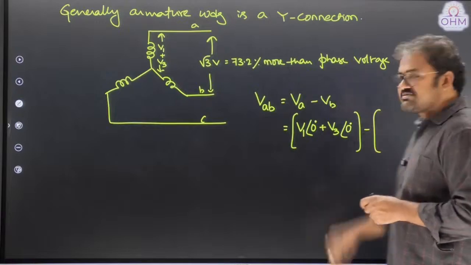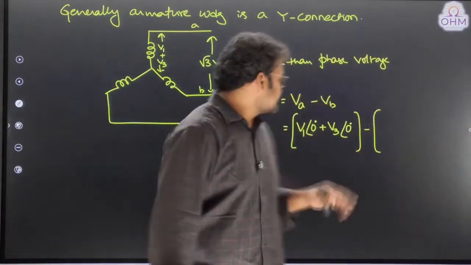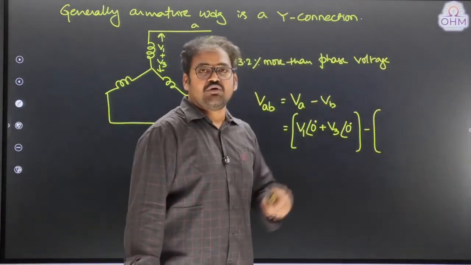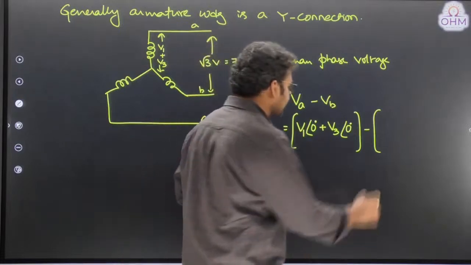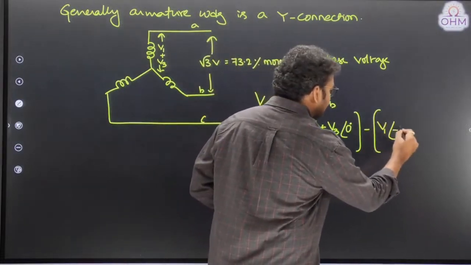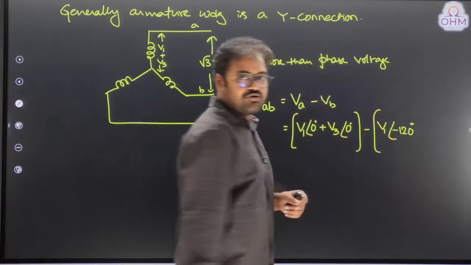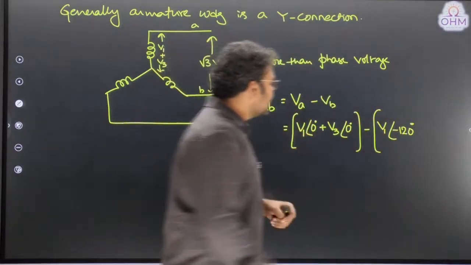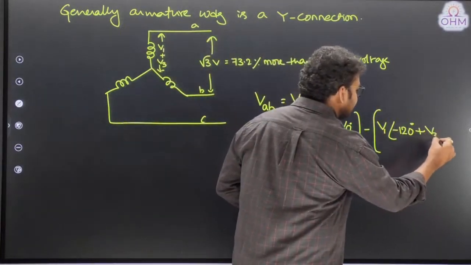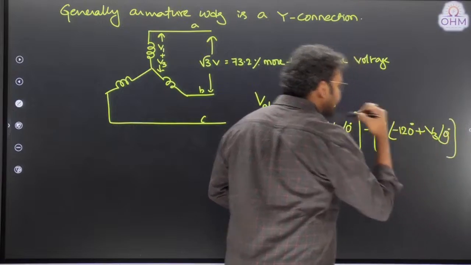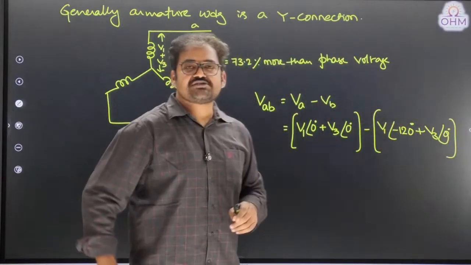Minus, what about phase B? We know from phase A to phase B, there will be a 120 degree phase angle difference. Therefore, the fundamental voltage will be at an angle of minus 120. But the third harmonic voltage remains at 0 degrees only. Why? Both third harmonic voltages are at the same angle.